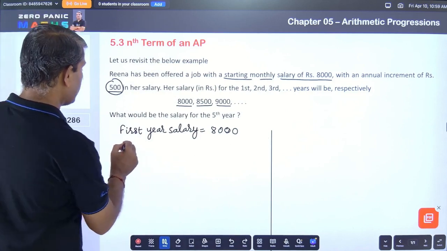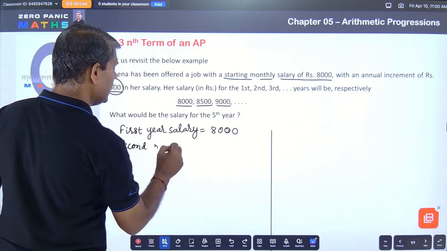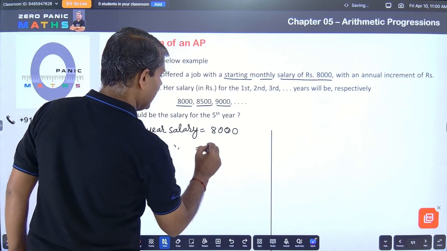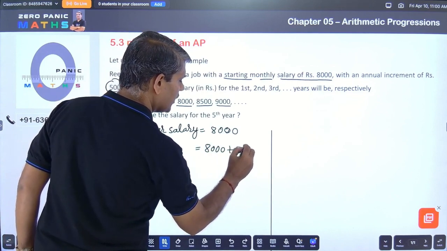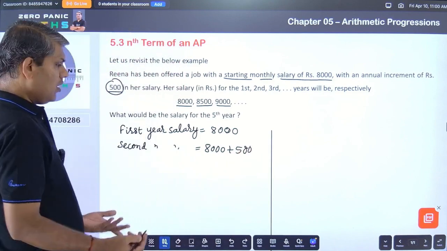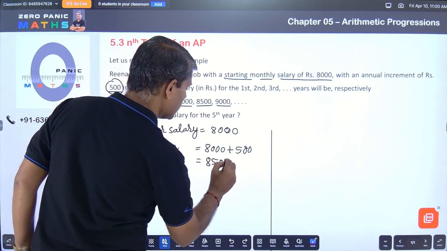Now how do you find out the second year salary? By adding 500 to 8,000, right? So that will be 8,500. Let it be.